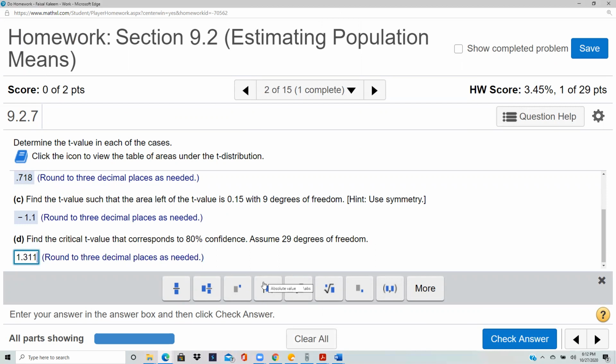Sometimes they'll ask you for both of them, then you write both the positive and negative. And now all these hints, they said to use symmetry here. This applies if you are using these tables, and it doesn't make sense to use these tables anymore. StatCrunch is much faster and much easier.